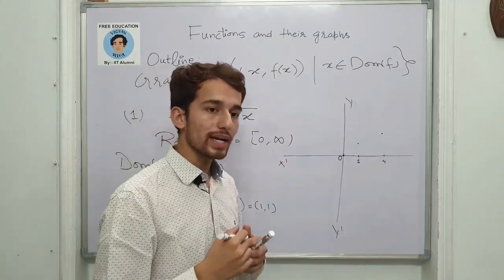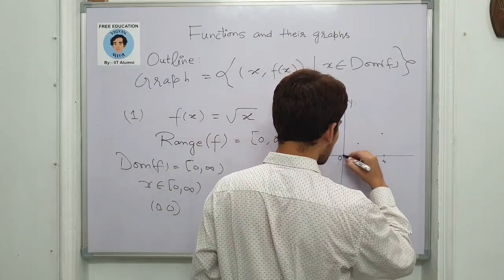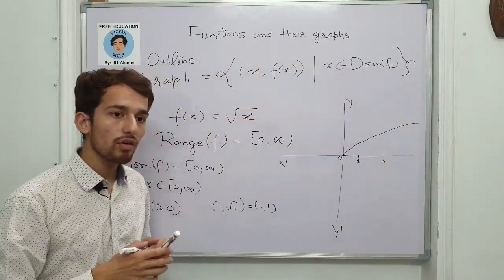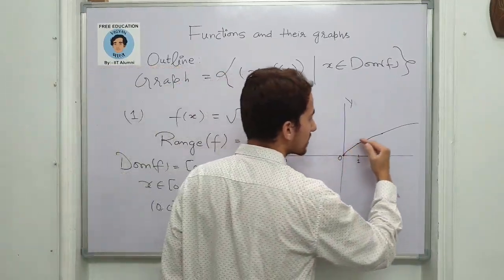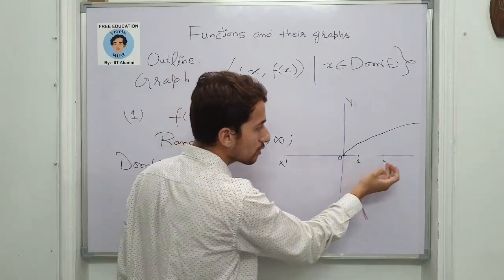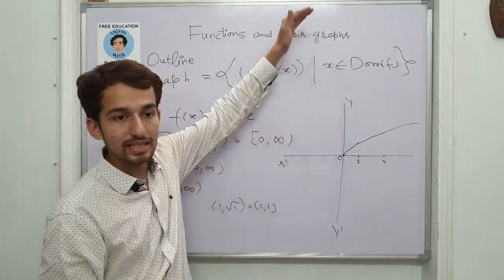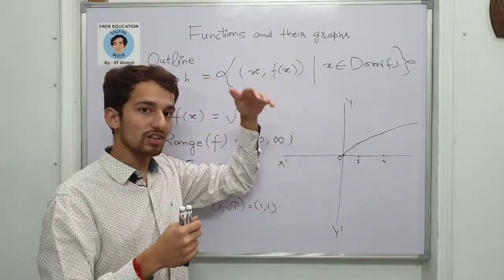Now if I try to join these 3 points with a smooth curve, this is how the graph of this function looks. It is going in this particular direction. As you increase the values of x, you will see the values of y also increasing. The values of y which you are getting, basically those f(x), lie on the y-axis.